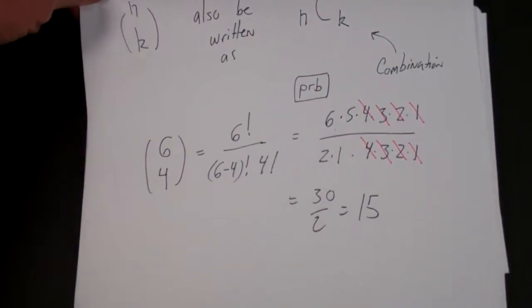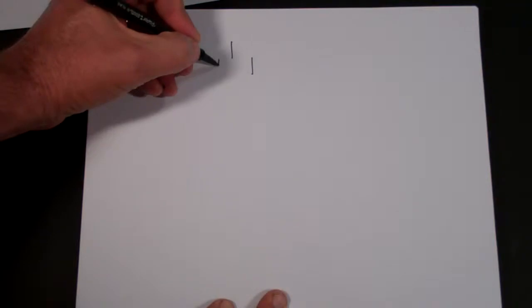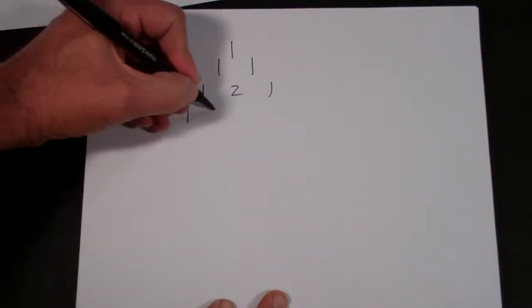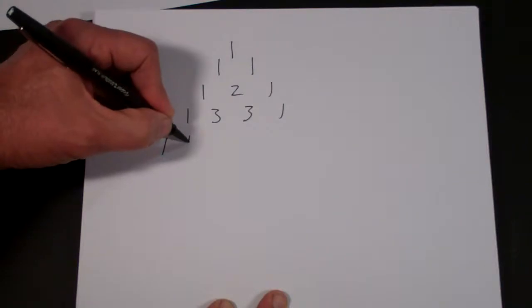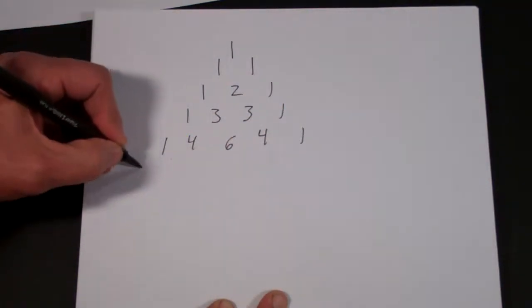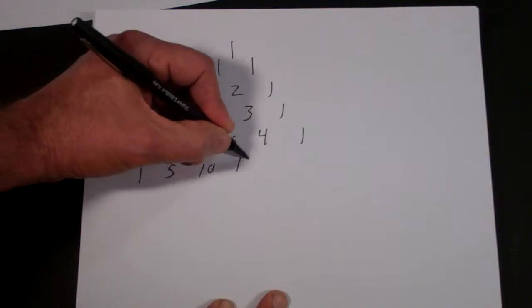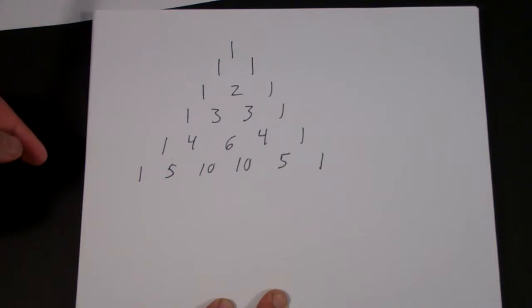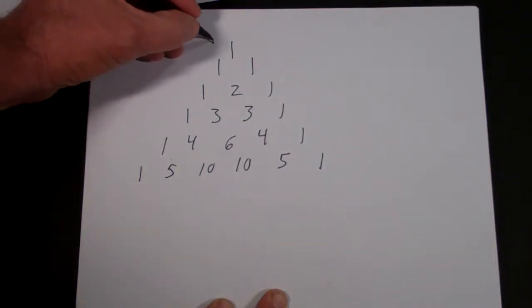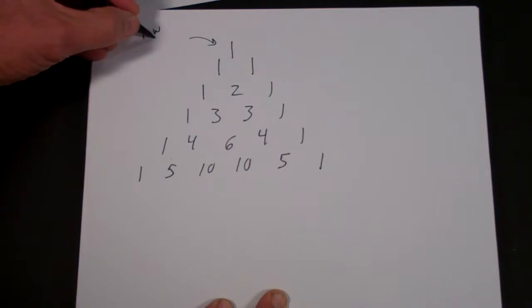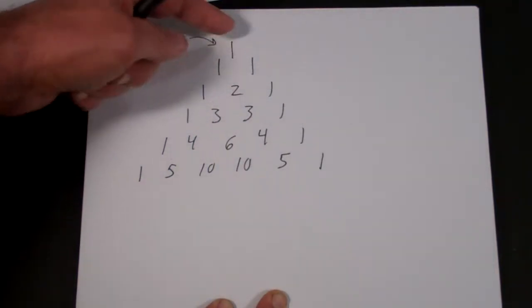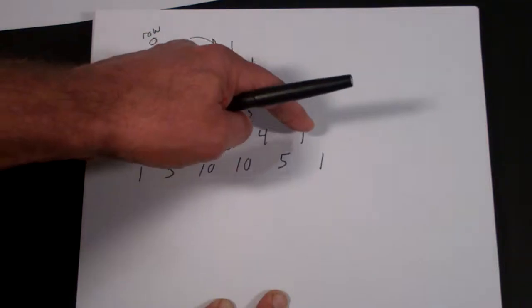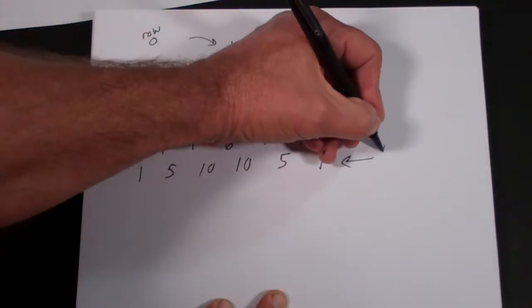Now there's another place that you've seen this, and this is not something you need to memorize, but it is interesting and it can be helpful. If you draw a Pascal's triangle, each one of these elements is just a binomial coefficient. And the way that we count this is we start counting with row 0. So if this is row 0, that's row 0, 1, 2, 3, 4, 5. So this is row 5.